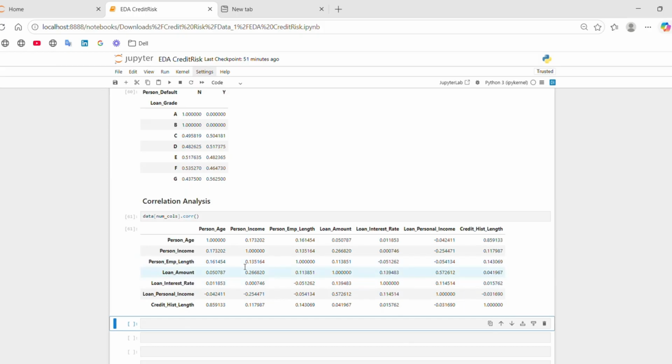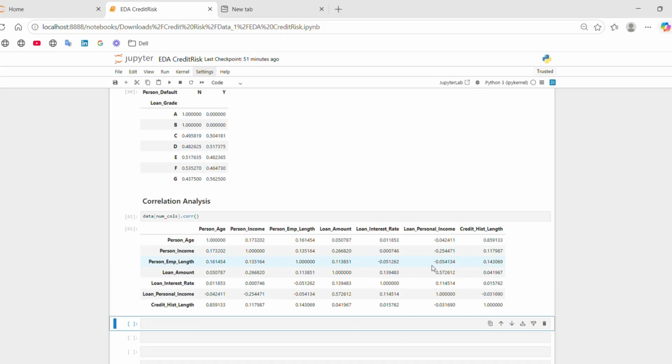Let's find out if we can find any moderately correlated variables. Loan amount with respect to personal income has 57% moderate correlation, meaning a person with higher personal income can take higher loans.